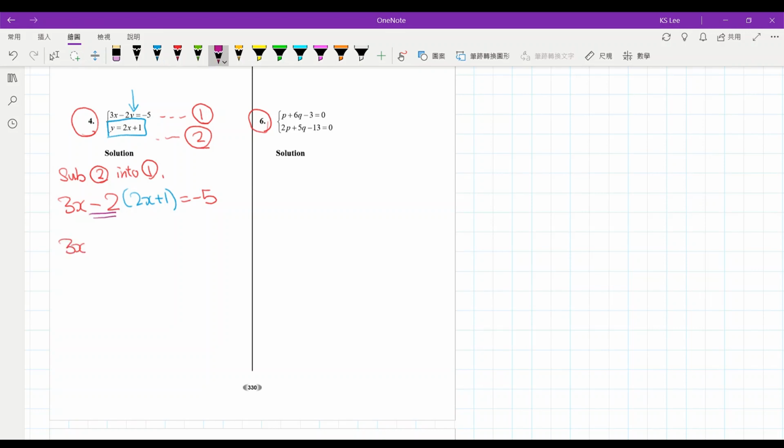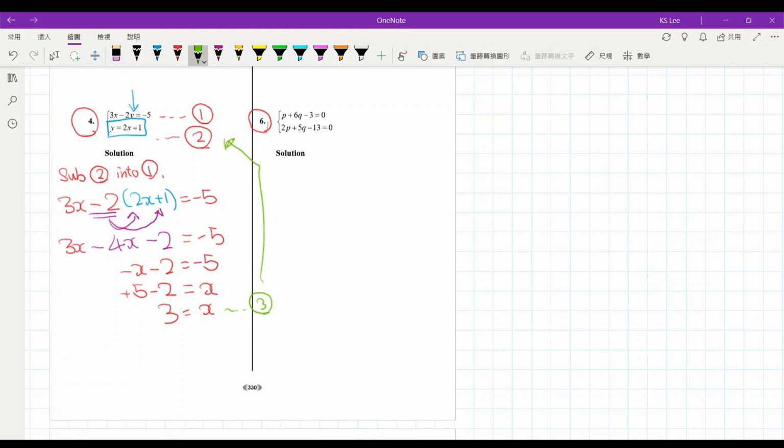Remember, when we expand our brackets, we need to do it step by step. Negative 2 times 2x becomes negative 4x. And negative 2 times positive 1 will be negative 2. And we have x equals 3. Now, it's time for our second substitutions. Which equation should we substitute the 3 into? 1 or 2?